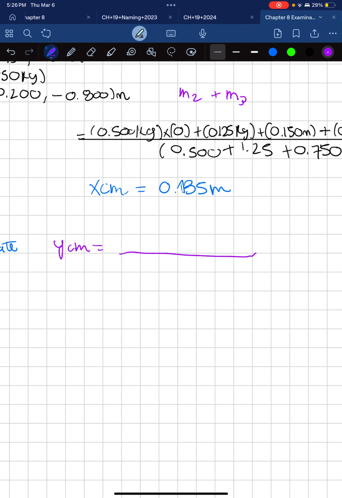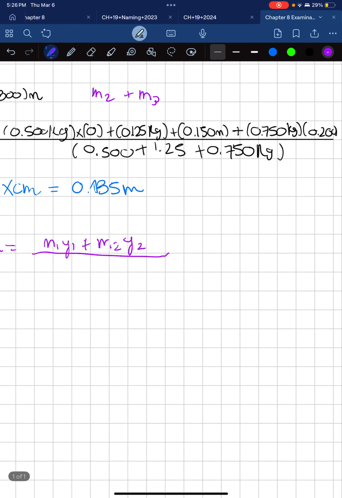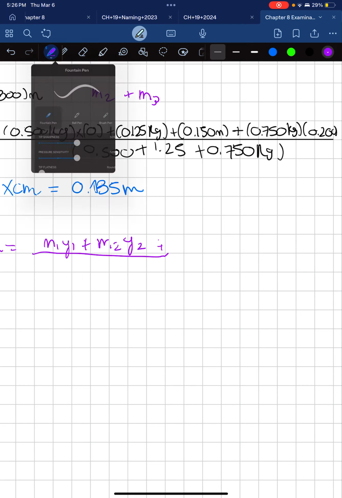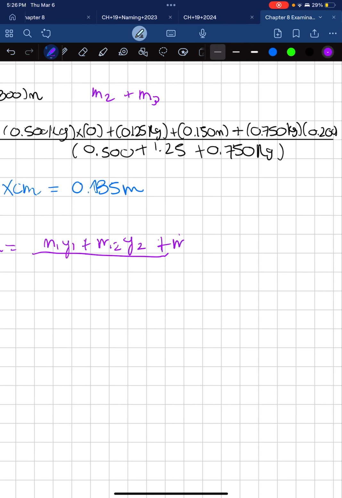It's just easier. Mass of 1, y of 1, plus the mass of 2 and the y location of 2, plus mass of 3 and the y location of 3, over mass of 1 plus mass of 2 plus mass of 3.